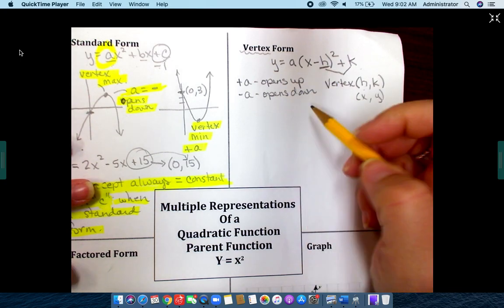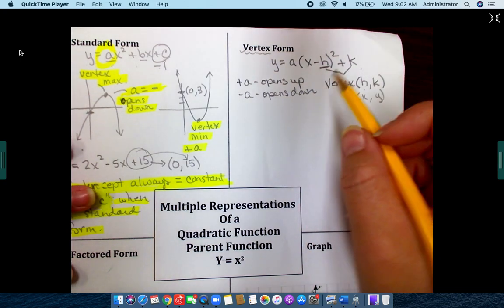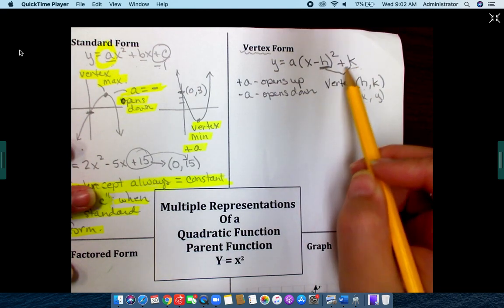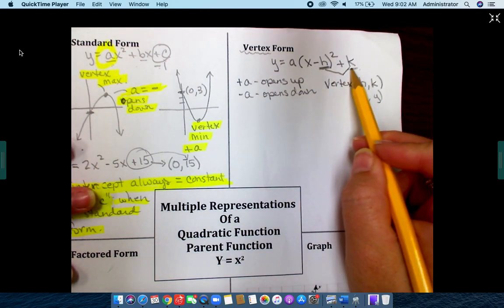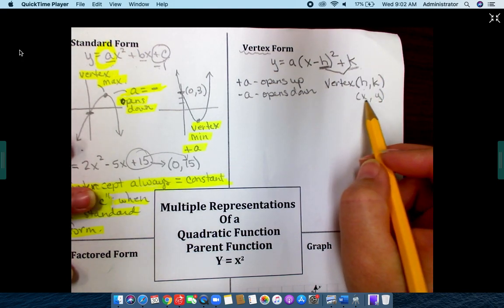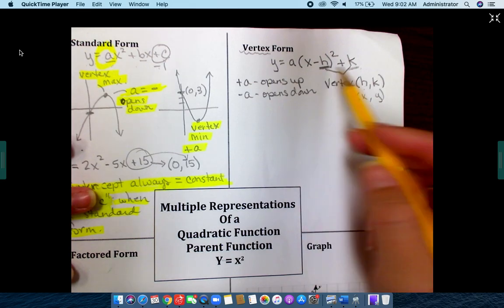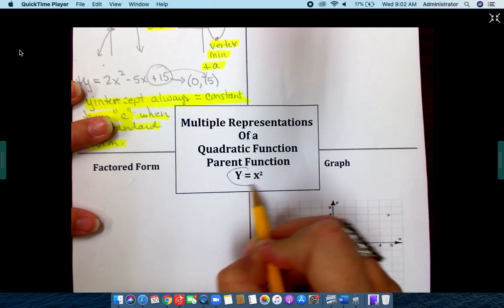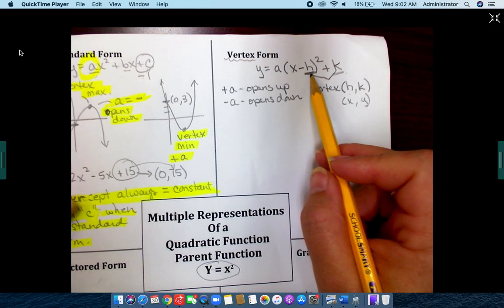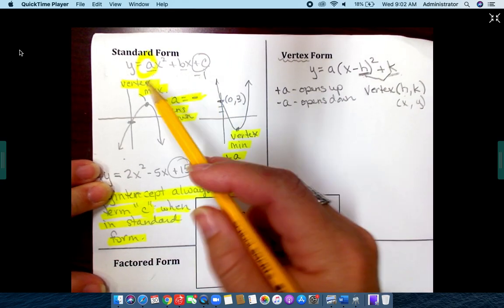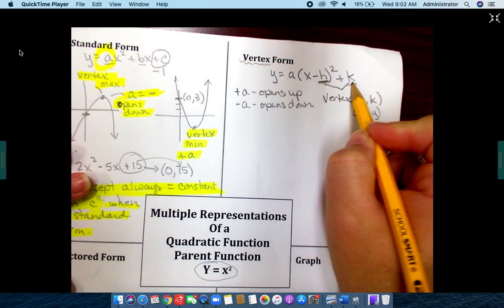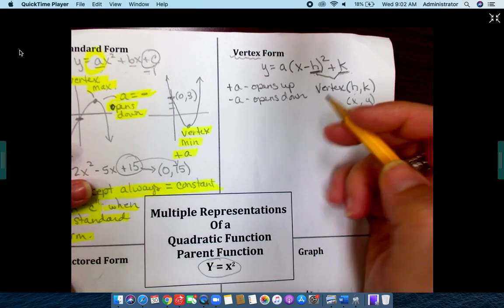It has to do with the horizontal shift, which we will talk about next week when we get into transformations of quadratic functions. And k, I'm really not sure why they chose k, but k actually gives us a vertical shift, which again we'll talk about. But it means that from the original function, y equals x squared, we can change the vertex and identify it very easily. Over here, it's not easily identifiable. Here, we simply pull the h and the k from this function.